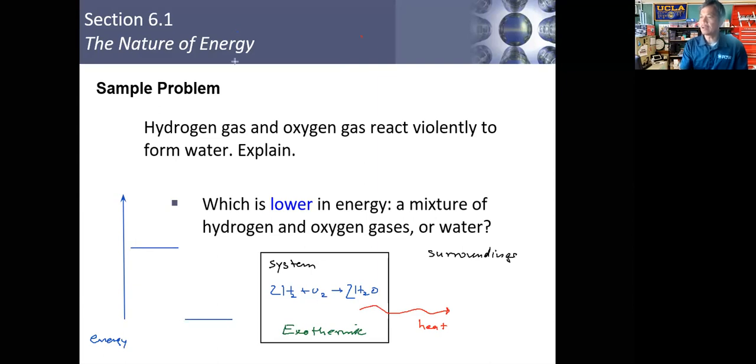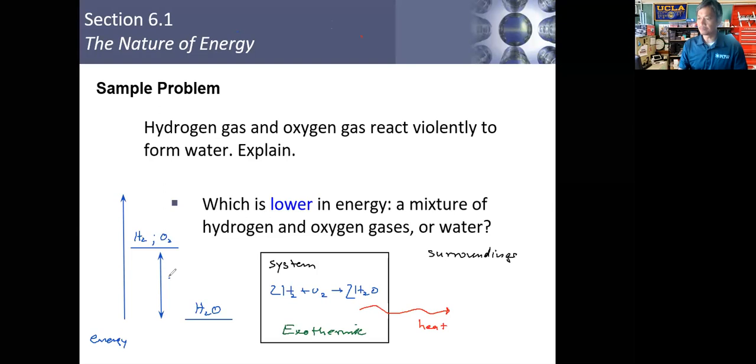So hydrogen and oxygen actually occupy a higher energy position. They have a higher energy potential than the water that is produced. That's why this process releases a lot of energy. So we have a drop in potential energy here, and the change in energy is going to be a negative one.